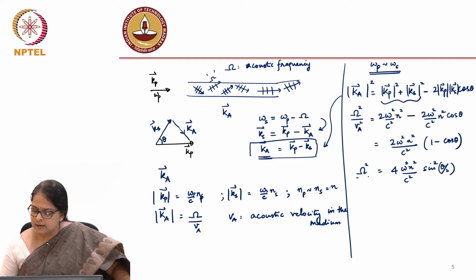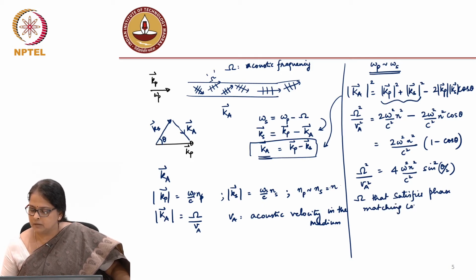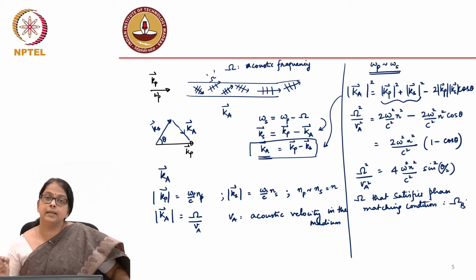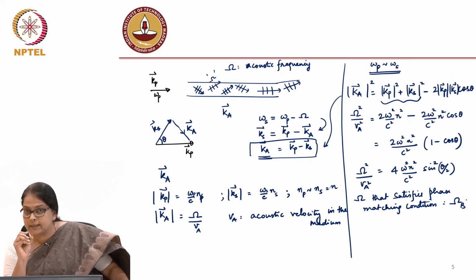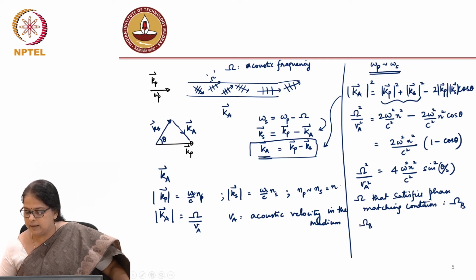Let me call the omega that satisfies the phase matching condition omega b, right? So omega b is the acoustic frequency that satisfies the phase matching condition. In this case, omega b divided by Va must be the square root of this, which is 2 omega n by c sine theta by 2.